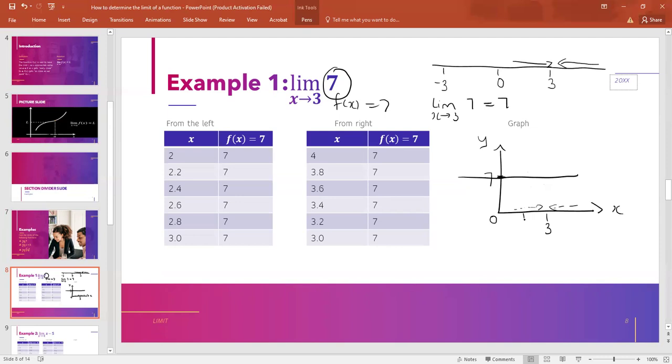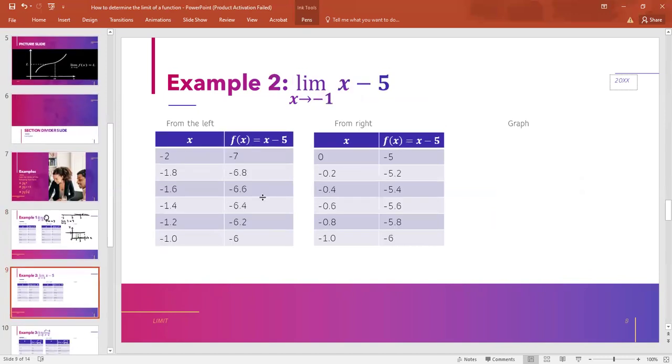At 2.4, the value of the function is 7. If you move from 4 towards 3, the value of the function is 7. Even at the point 3 itself, we have 7. So the limit as x goes to 3 of 7 is 7. That is how we evaluate the limit of a constant function.